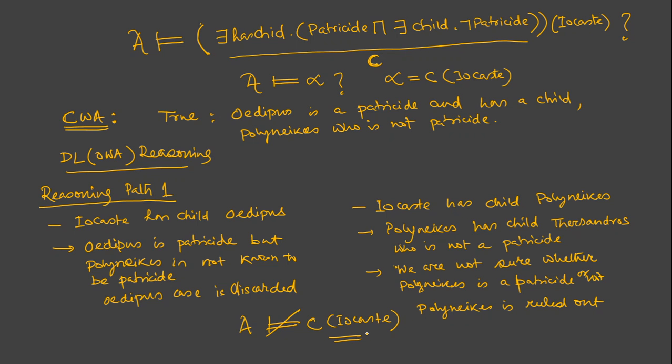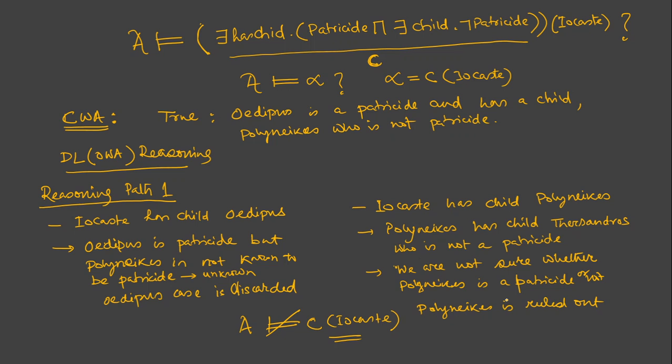So this is what we infer, right? But there is a catch here. Oedipus is patricide, but Polynicus is not known to be patricide, so this state is really unknown.